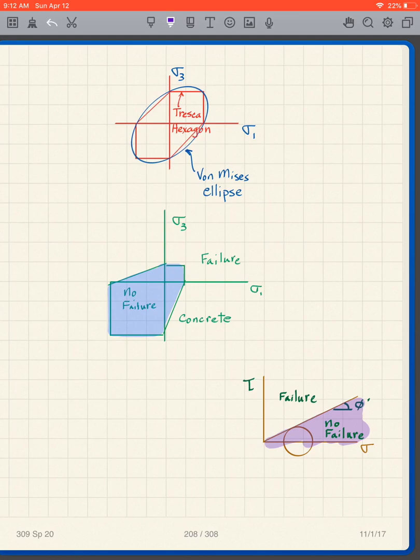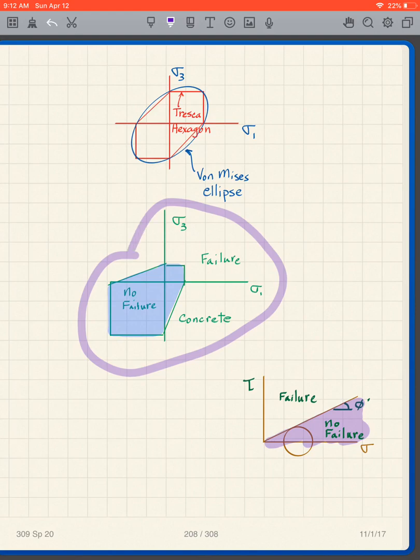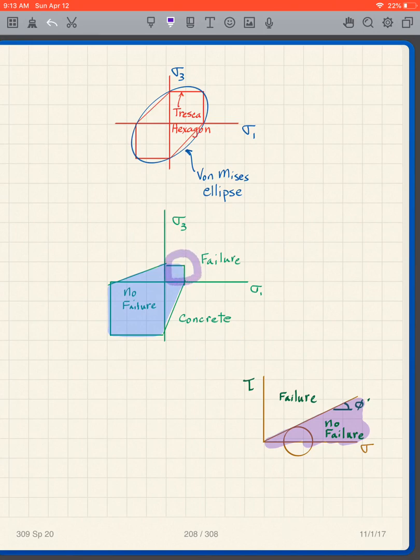And you can do different materials. Okay, so concrete would look something like this, for instance. You could make a whole career out of this field, by the way, looking at materials and how they fail, and trying to predict failure in various ways. Now, why does this make sense for concrete? Because concrete does not take much tension.